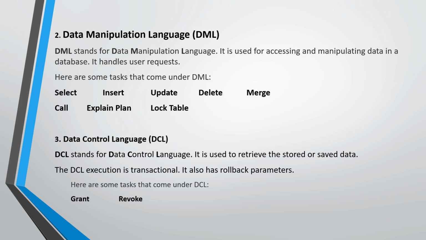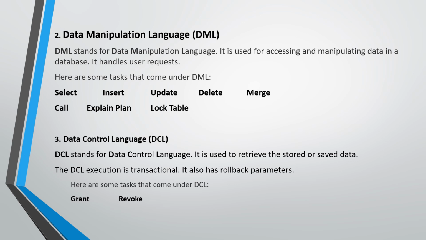The select command is used to retrieve data from a database. The insert command is used to insert data into an existing table. The update command is used to update existing data within a table. The delete command is used to delete records from the table.